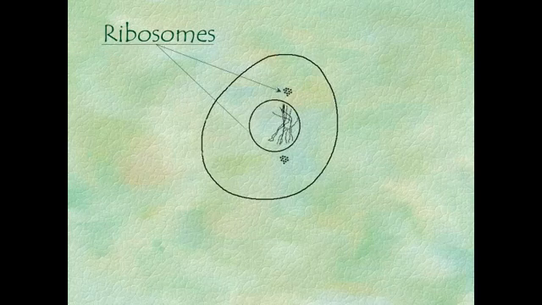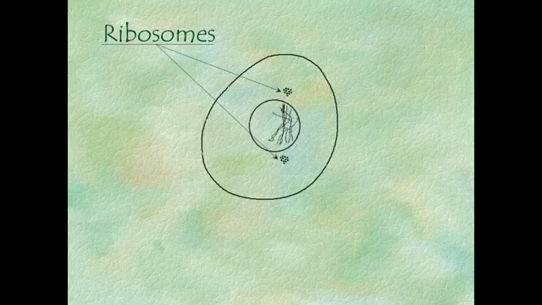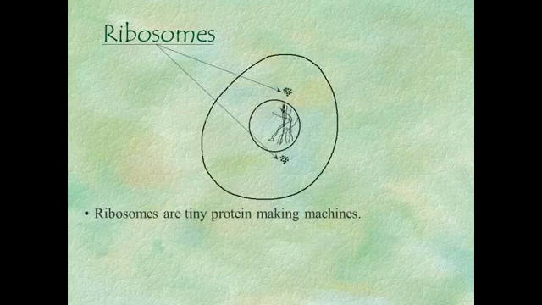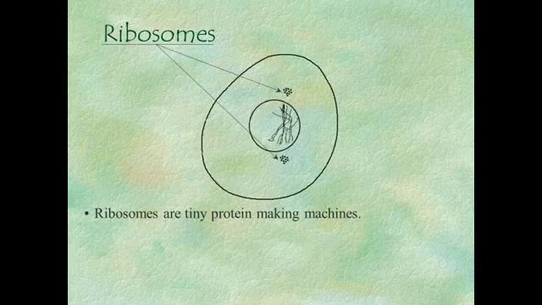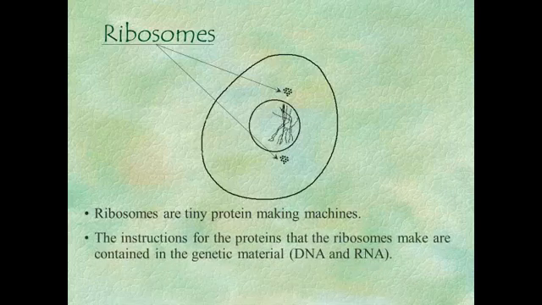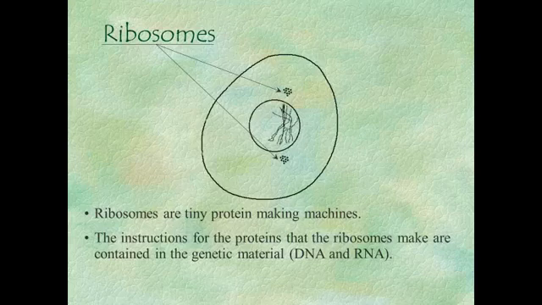So the next thing to talk about are the machines that carry out those instructions, and the machines that are found outside of the nucleus in the cytoplasm are these things that we call ribosomes. The best way to think about ribosomes, I think, is to think of them as little teeny tiny protein making machines. And then the instructions for making those proteins comes from the DNA and RNA that is inside the nucleus.